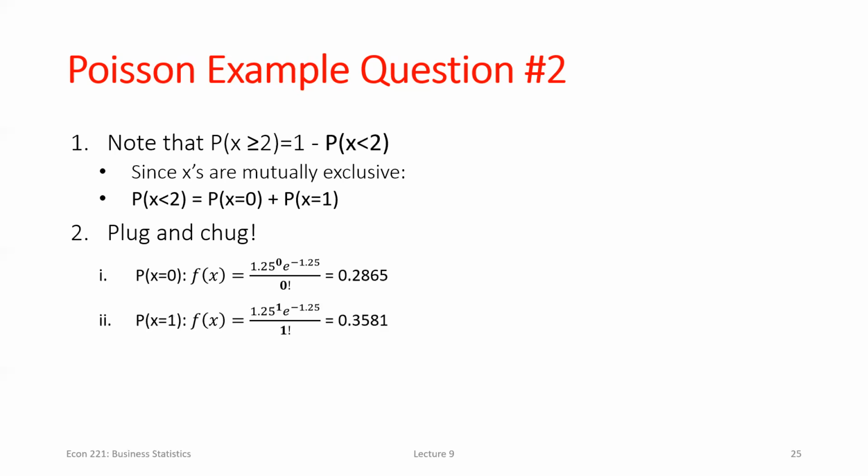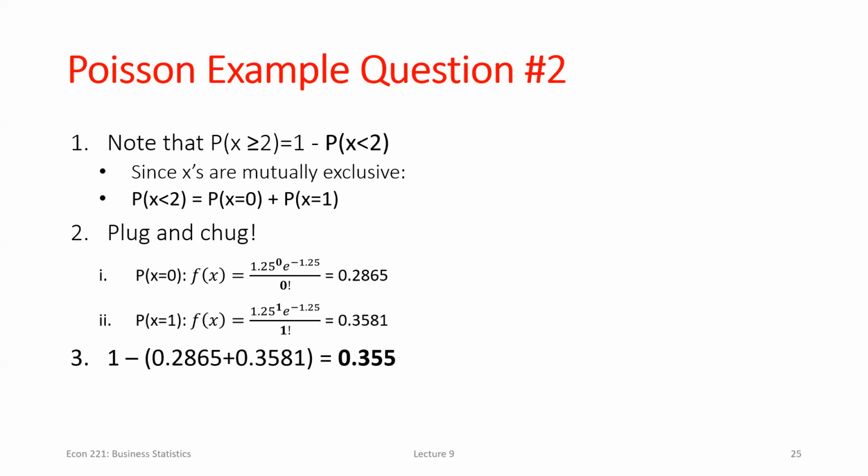Then I plug in x is equal to 1. Okay, well, there I have a little bit more work to do. Anything to the 1 power is just itself, so 1.25. 1 factorial is 1, so I can ignore that. Really, these aren't too bad, right? So I then take those 2 probabilities, add them up, subtract from 1. Okay, I was a little bit off, right? I thought that maybe I could rule out 0.35, but it ended up being the answer.